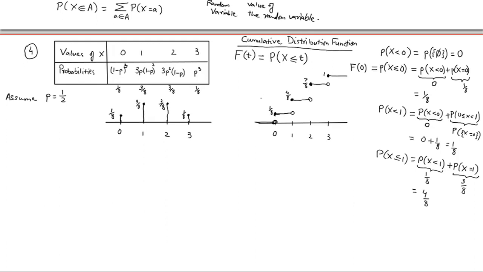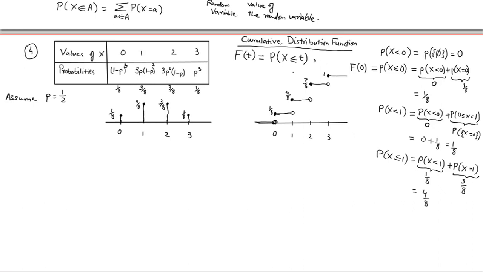That's the fourth view of a random variable, that with a random variable you also have a cumulative distribution function, which is just this function F of t equals the probability that the random variable takes values t or less than t.